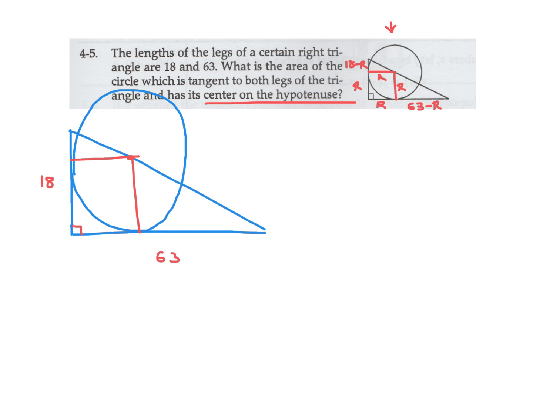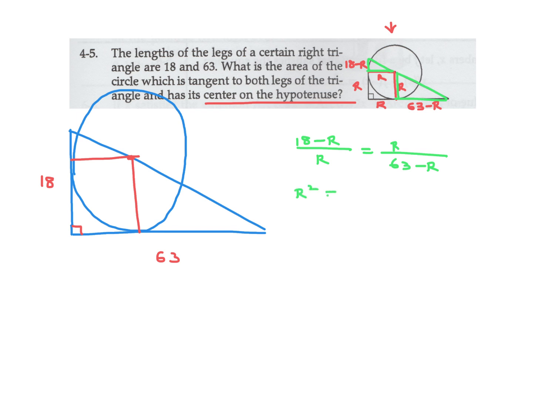You can use Pythagoras or similar triangles, and I think similar triangles might be a little bit easier. This little triangle up here and this one are similar in terms of their angles, so 18 minus r over r is the same as r over 63 minus r. Then we cross multiply.